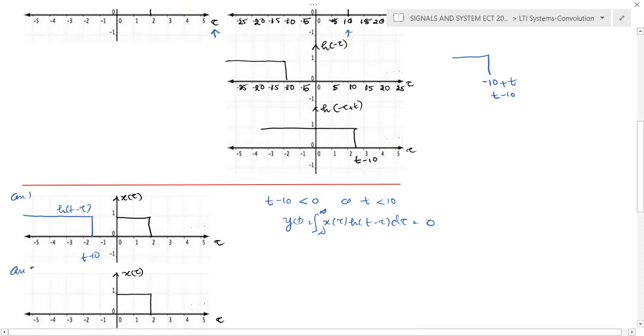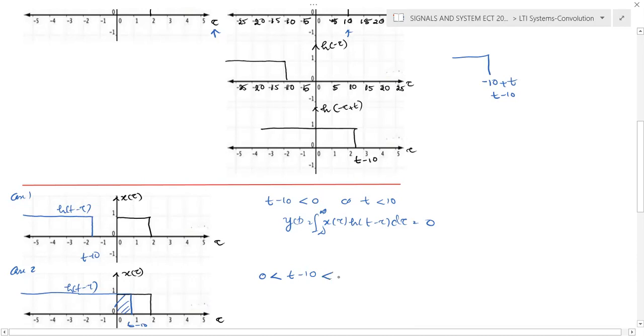Now we can consider case 2. For case 2, we consider the equation where t minus 10 is greater than 0, and this is h of t minus tau, an infinitely long signal from minus infinity to t minus 10. If you observe this signal, when t minus 10 is greater than 0, x of tau is a pulse with width 2 units, so you get the same behavior up to 2.